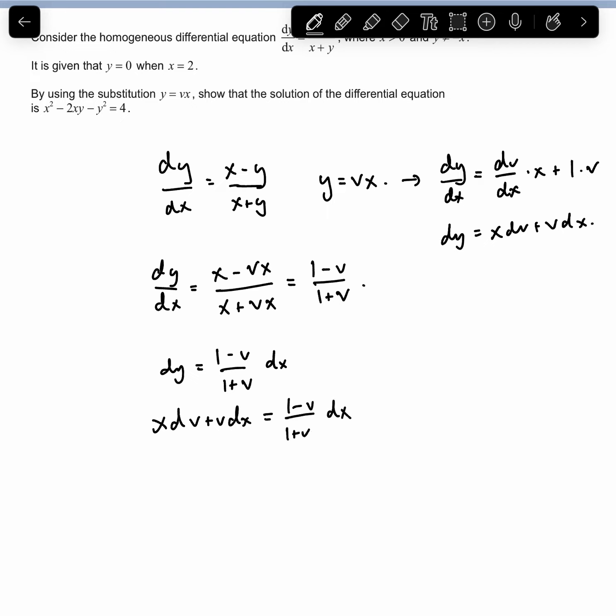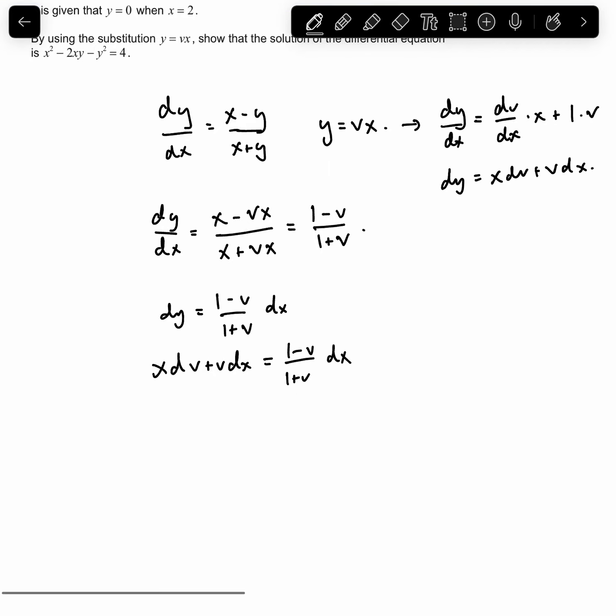And just as in any separable differential equation, we need to separate the variables. We can do that by moving the dx terms to one side and keeping the dv terms on the other side.